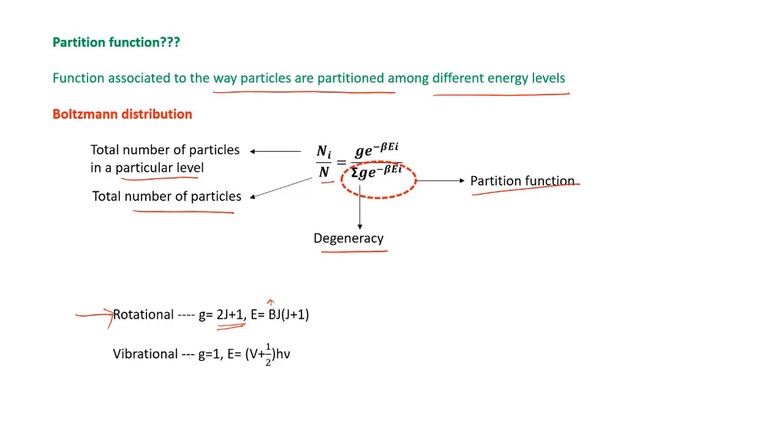For the vibrational partition function, since all the energy levels are singly degenerate, g will be equal to 1, and the energy is v plus half into h nu, where v is the vibrational quantum number. No need to remember the vibrational partition function since our question is about the rotational partition function. So keep in mind g for the rotational partition function, which is 2J plus 1, and energy is BJ into J plus 1.